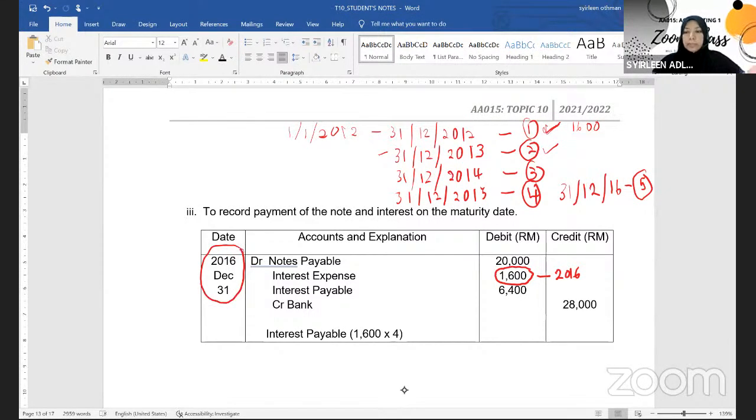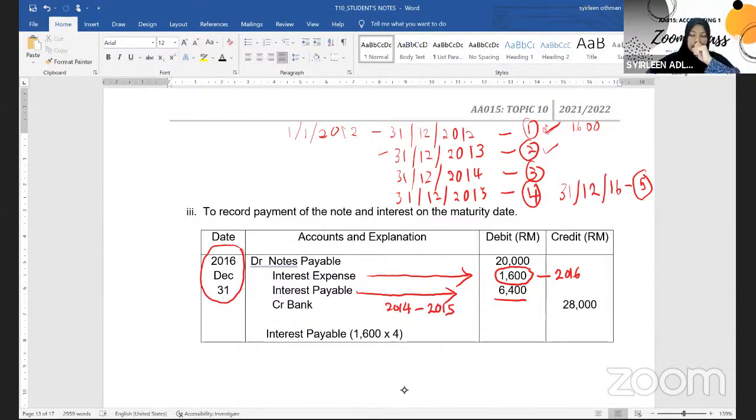So that means pada tarikh tersebut, sebelum kita buat closing, we are actually going to recognize the interest expense untuk tahun semasa juga. So on 2016, the interest expense is 1,600. Yang ini adalah accumulated from 2012 until 2015. So that's why you come out with the amount of 6,400.